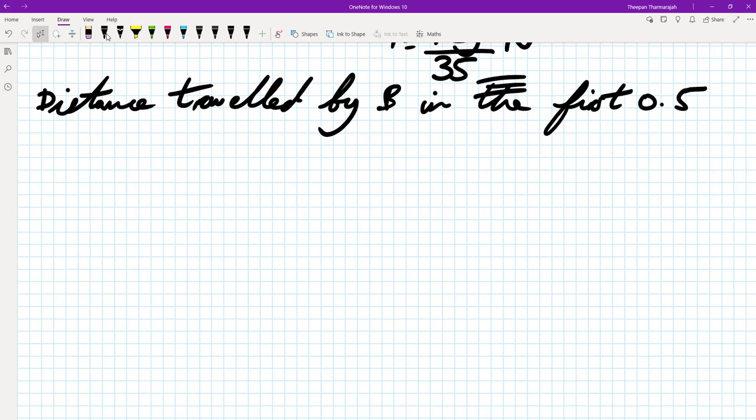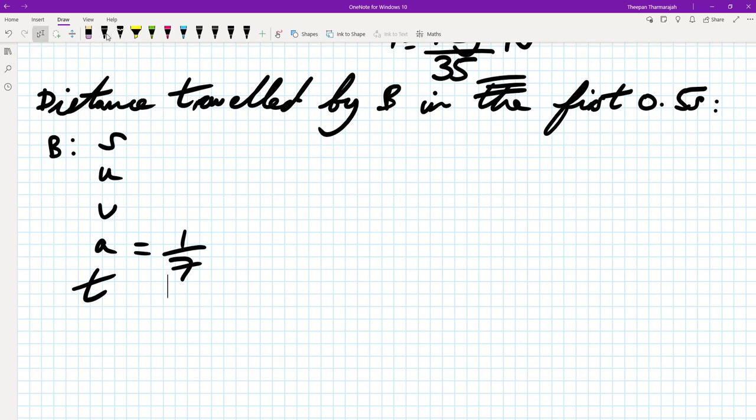So we're going to do a SUVAT here, and we're going to use a equals 1/7 g. It starts from rest. We're trying to work out the displacement in that time, and the time is 0.5 seconds.